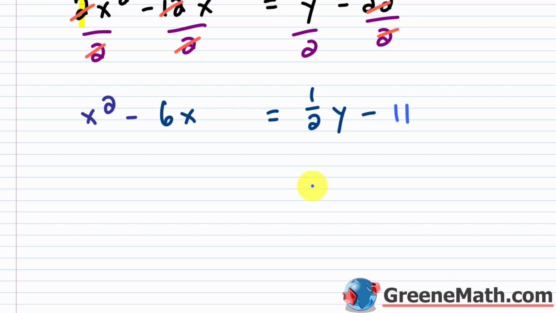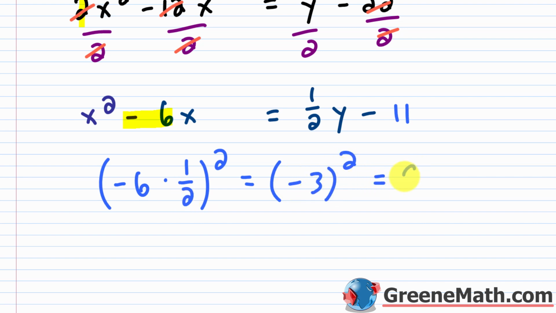So what I'm going to do is complete the square. So again, I'm looking at the coefficient for x to the first power. I'm going to cut it in half and then square it. So we have -6 times 1/2, and then we're going to square that. So -6 times 1/2 is -3, and if we square this, this is 9. So I'm going to add 9 over here and add 9 over here.